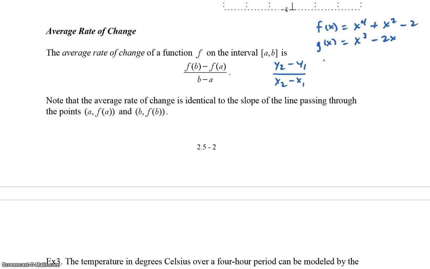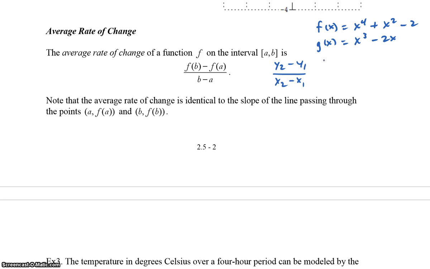Now, obviously, it looks a little different than that, but there is a similarity. In fact, the average rate of change, f of b minus f of a over b minus a, is just a way of writing slope using function notation. So what you see there is indeed a slope.